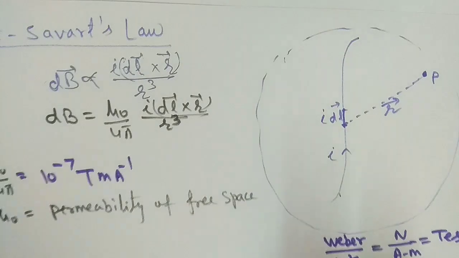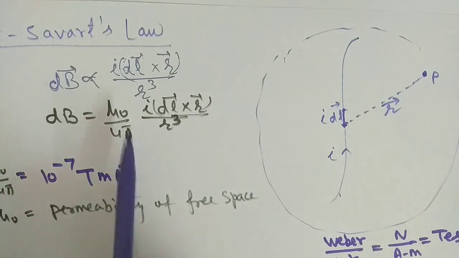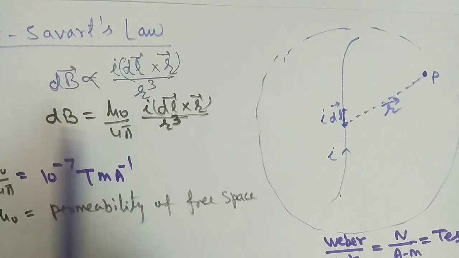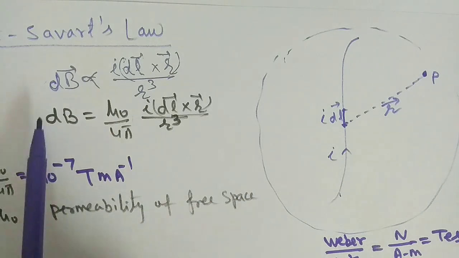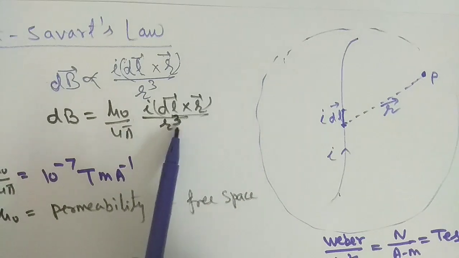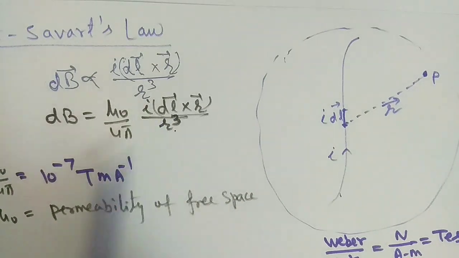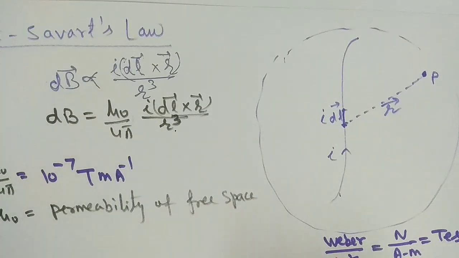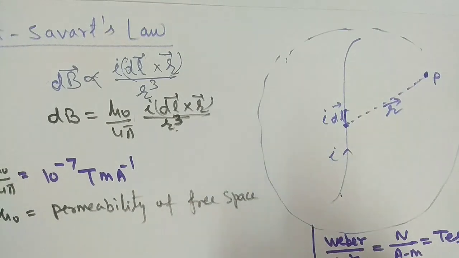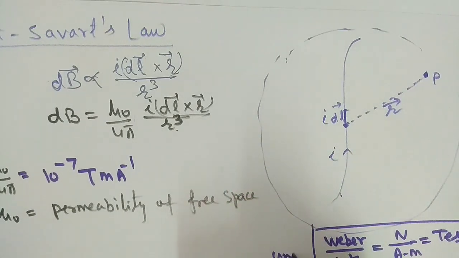These are the units. You can find the unit using this concept. So the unit will be Tesla meter per ampere. This is the unit of B.